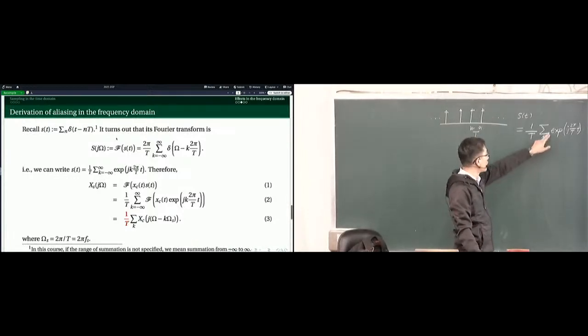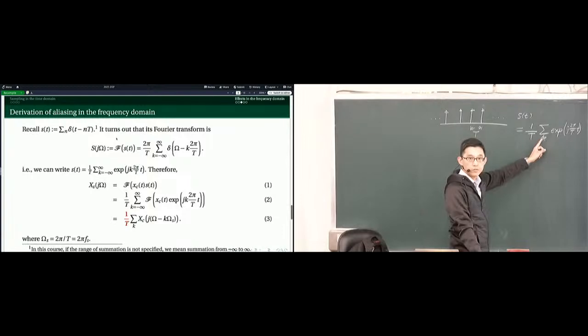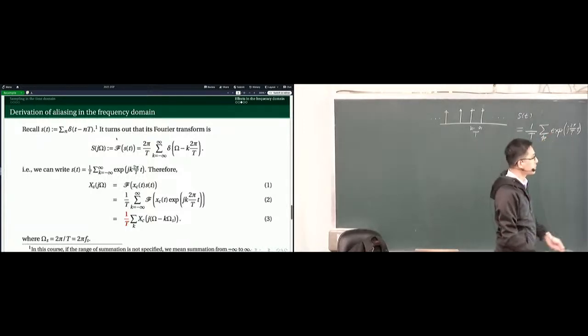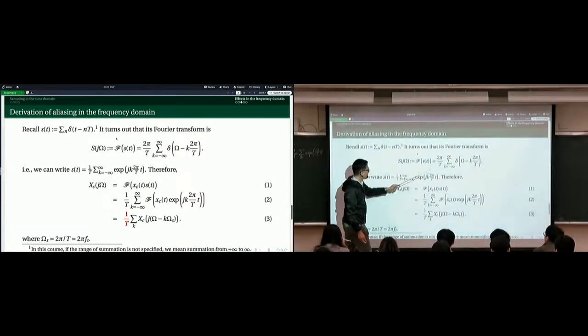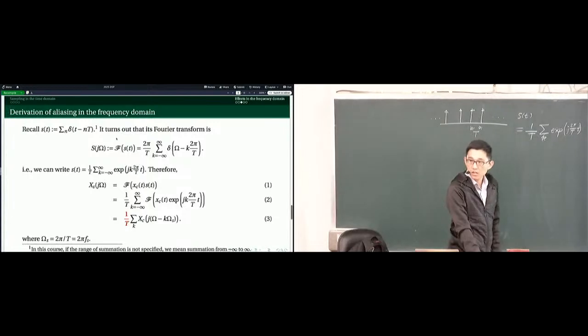In the most general case, for any arbitrary periodic signal, there should be coefficients. But in this case, all the coefficients are equal to the same thing, which is outside: 1 over T. That's the Fourier series coefficient.